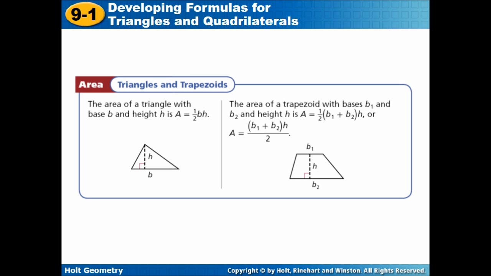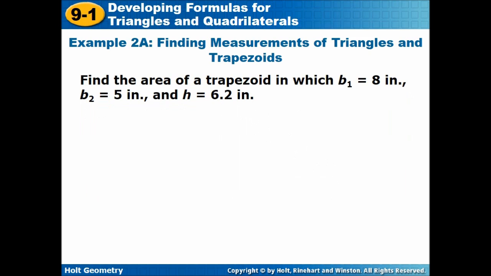So we call those base 1 and base 2, or B1 and B2. The area for a trapezoid varies from that of a rectangle, in which we're going to take the 2 bases, base 1 and base 2, add them together, divide them by 2 and multiply times the height, and that will give us the area of a trapezoid.